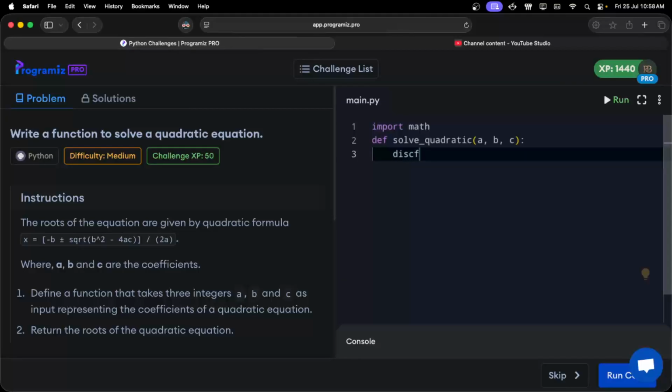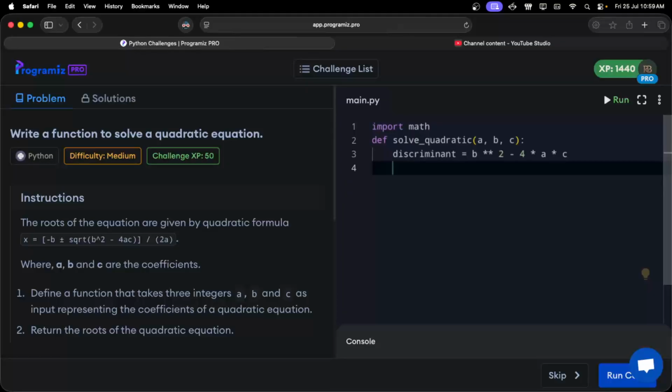The discriminant equals b square, so in Python we use the double multiplication sign, and then minus 4 into a comma c, right? So whatever we get, we will be doing the same thing, it's just that we need to change a few things, that's all.